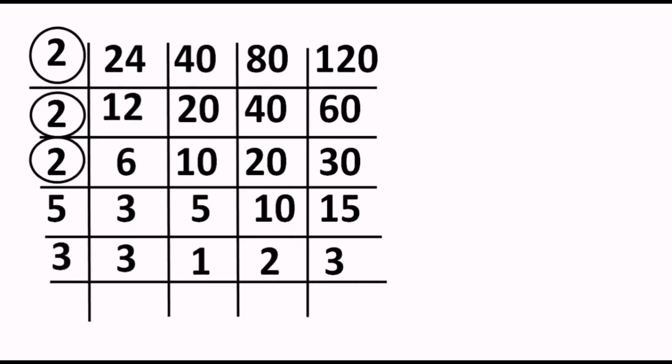So what we get by dividing 3 by 3, we get answer 1. 1 is itself a normal number now, cannot be divided further, so 1 will be written the same. 2 cannot be divided by 3, so 2 will be written as it is. And the last 3 divided by 3, we get the answer 1.